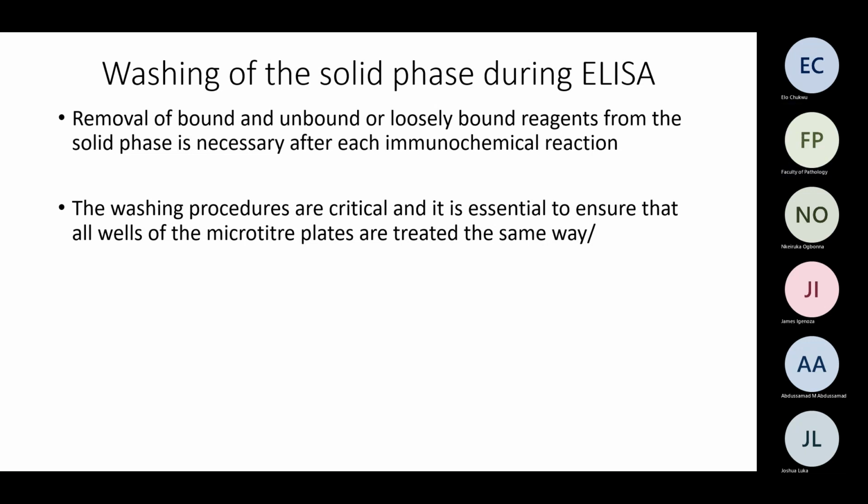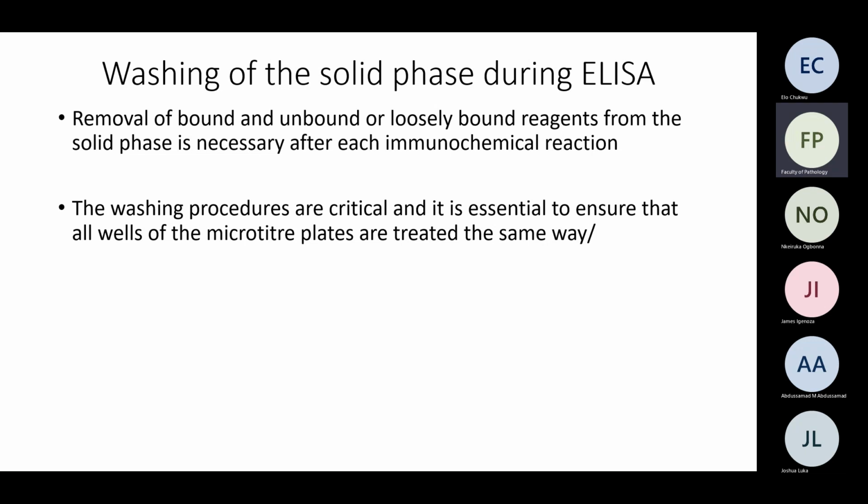Now, in this ELISA procedure, the washing of the plate is very, very important. It's an important step in the procedure. The washing is to remove unbound or loosely bound reagents from the solid phase after each immunochemical reaction.